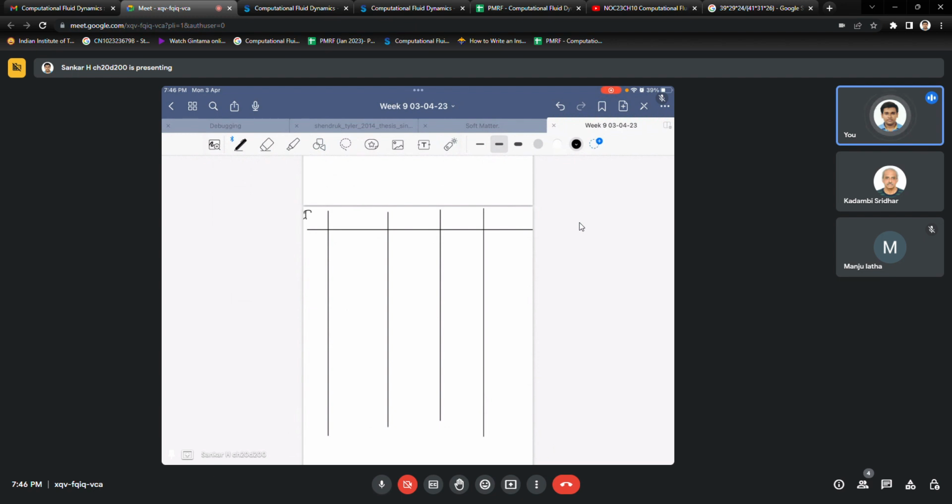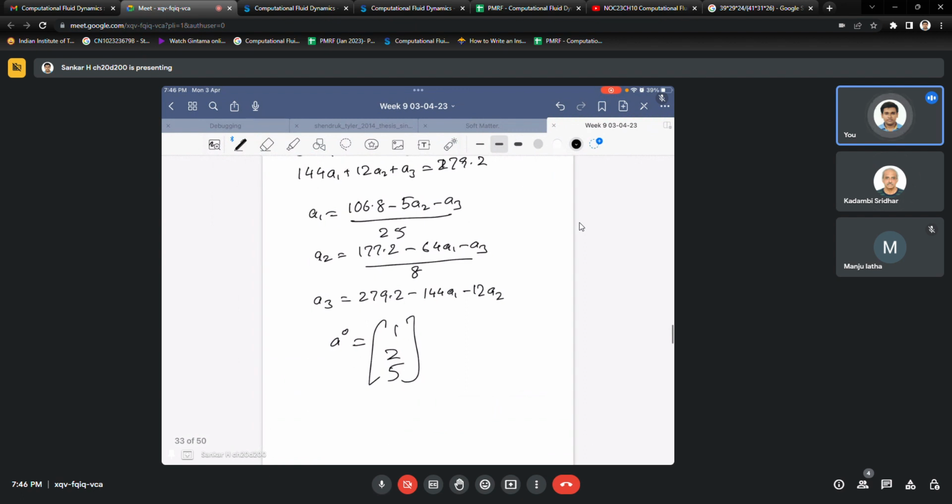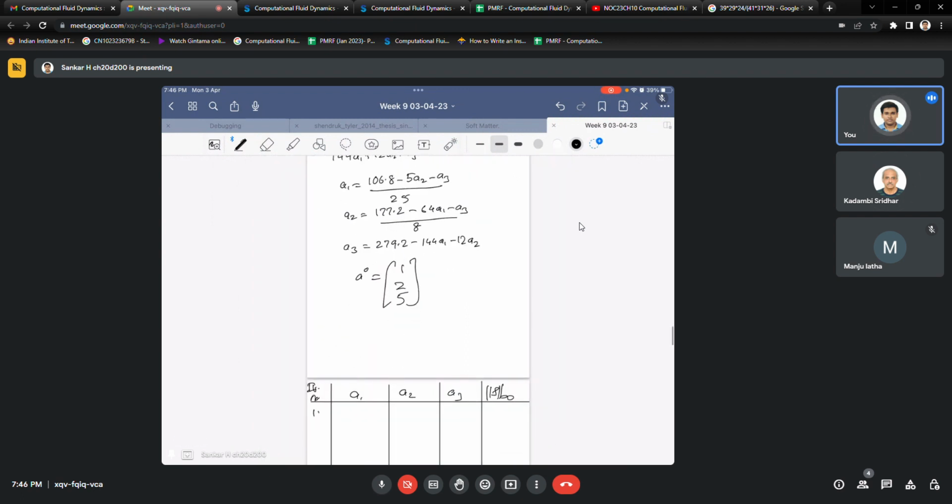So let this be the iteration number. Let this be x1, x2, x3, or in this case particularly it's A1, A2, and A3, and this to be our usual infinite norm of the residual. We substitute 1, 2, and 5 into this equation, and for the first iteration, can I get the values from any of the members attending the class?